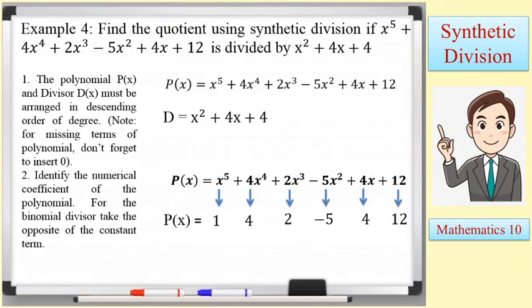And then next, for our divisor, since ang ating divisor ay nakasulat in the form of ax squared plus bx plus c, therefore, hindi natin siya pwedeng i-factor. Okay? Wala tayong rule sa divisor natin na i-factor natin ang ating divisor if written in the form of ax squared plus bx plus c.